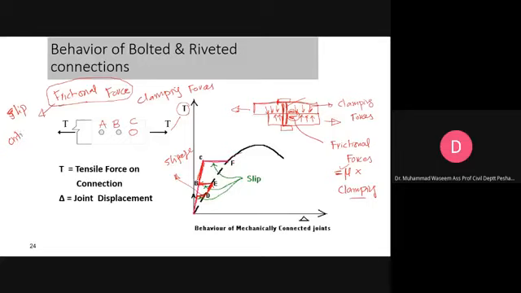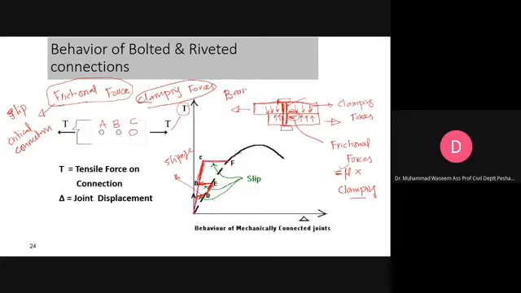Slip critical connections, okay. Once the fastener gets engaged with the plate itself, so again it resists the load, okay, due to the bearing of the fastener onto the plate. So this type of connection we call it bearing type connection.